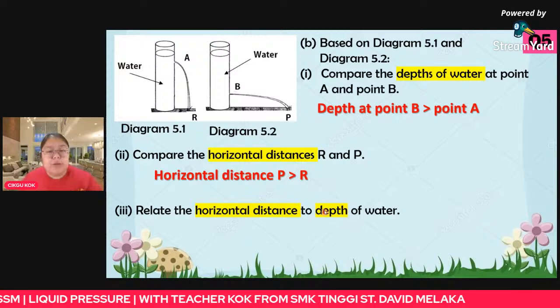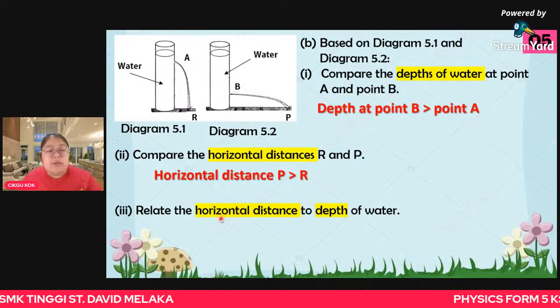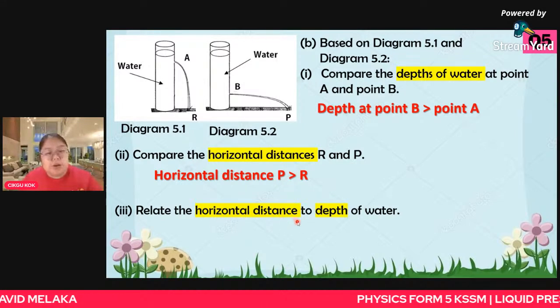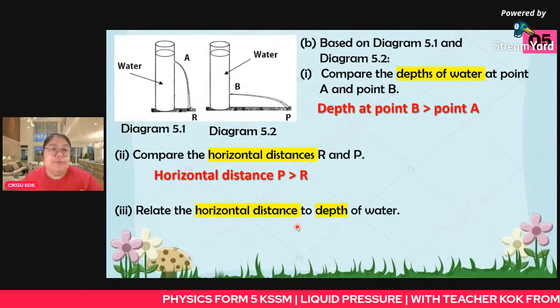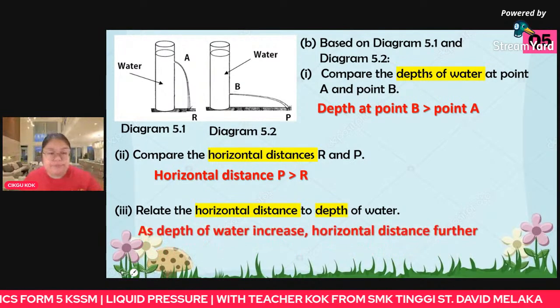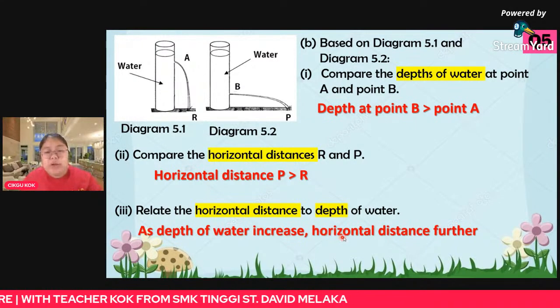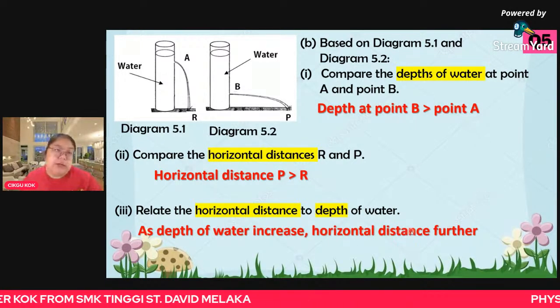So from here you need to say when the depth increases, what happens to the horizontal distance? The horizontal distance of the water out from the hole should be further. So we answer like this: as the depth of water increases, the horizontal distance becomes further.